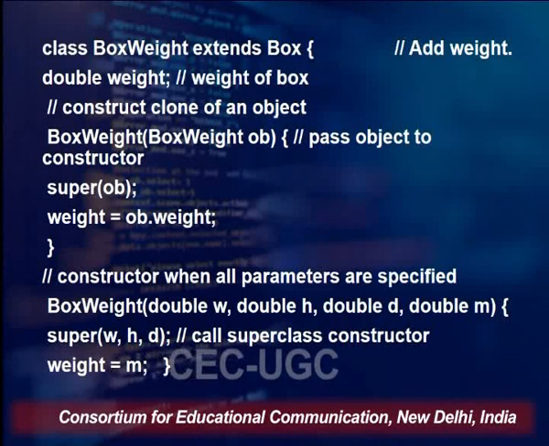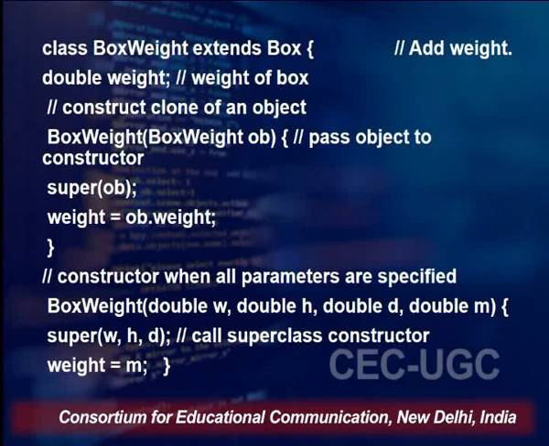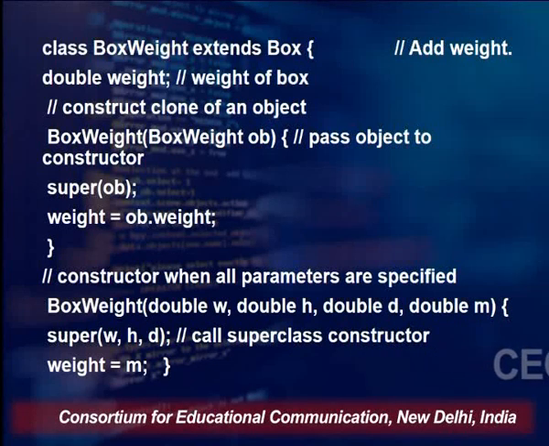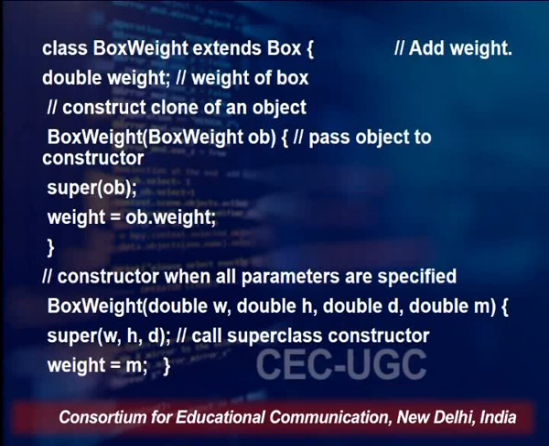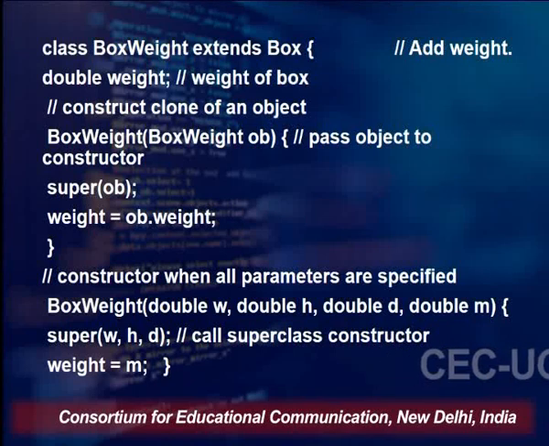All the 4 constructors are used with the help of the super keyword in order to avoid redundancy of code. The use of the super keyword we have also seen in our previous classes.